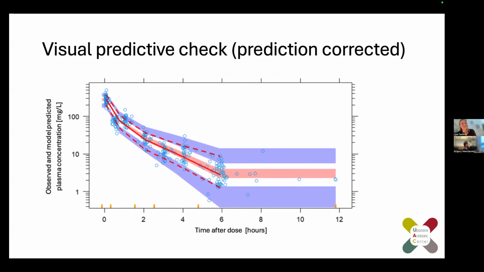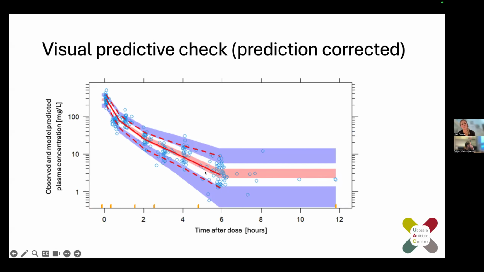And this is also on the log scale. This is a visual predictive check plot where you challenge the model to show its predictive performance. Here you have the concentration on the y-axis and the time after dose on the x-axis. The blue circles are the observations, and the solid and dashed lines are the 5th, 50th, and 95th percentiles of the measured concentrations.